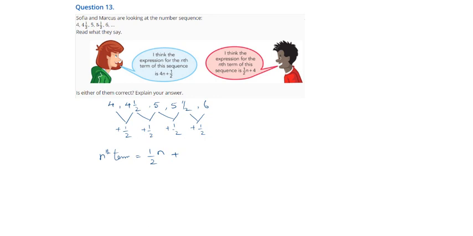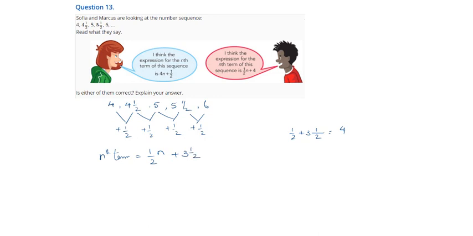When you put half, half plus something should give you 4. So half plus 3 and half will give 4. So this should be 3 1 by 2.